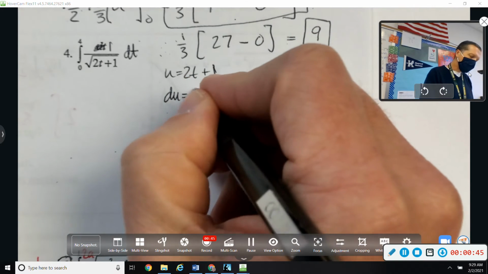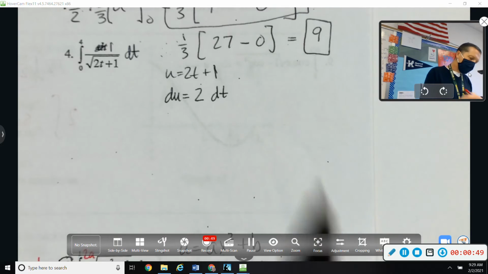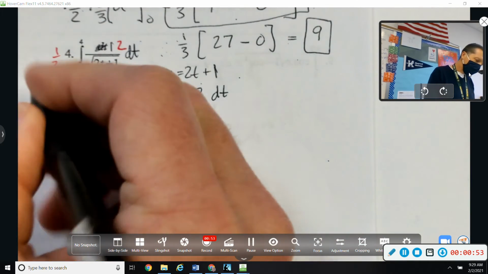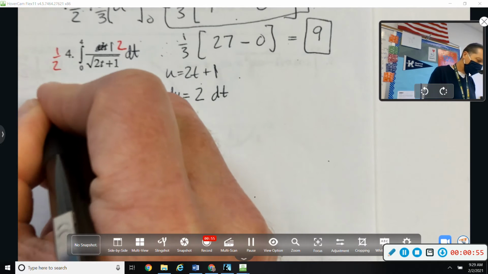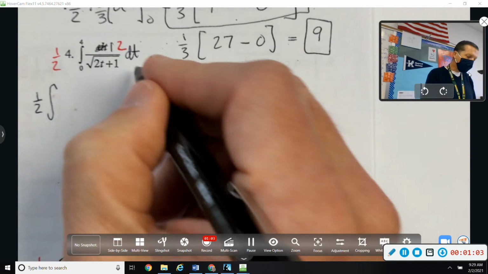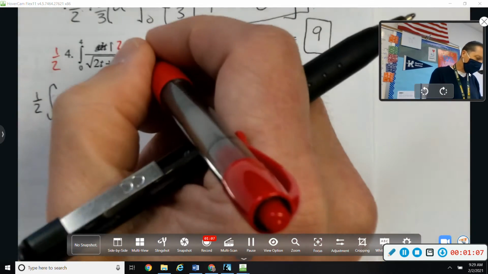So du is 2 dt. So I want a 2 in there and a 1/2 out front. So 1/2 integral. I'm not writing 0 to 4 yet because I'm in the process of switching from t's to u's. The 0 and the 4 are t values. I want them to be u values.